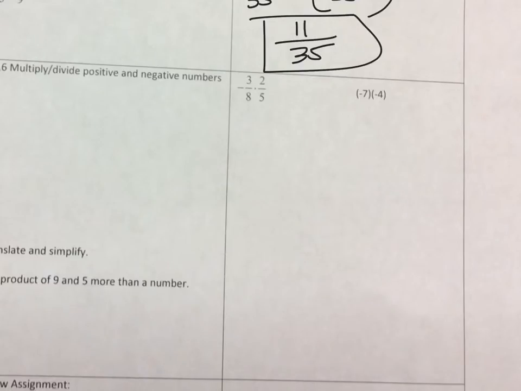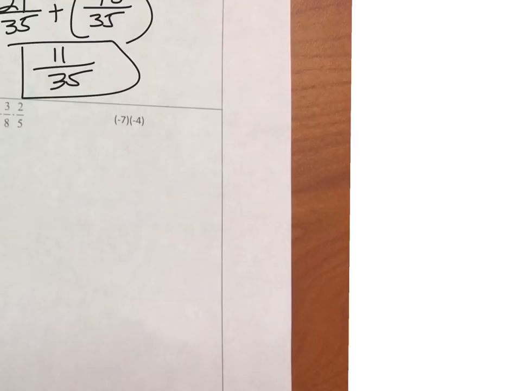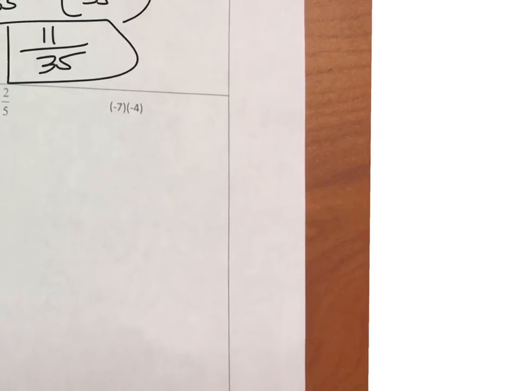Okay, section 6 was multiplying and dividing with positives and negatives. So obviously we've said many times by now that when the signs are the same I should get a positive. So negative 7 times negative 4 is positive 28.